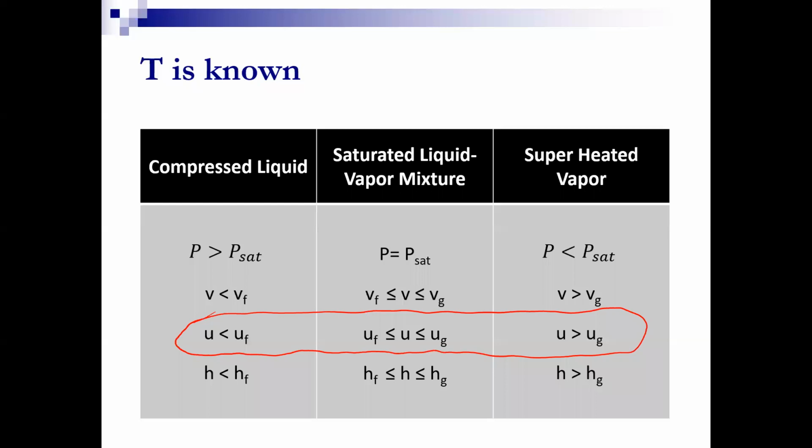If the given internal energy is between UF and UG that you have in the table, it means that you have a mixture. And if the given internal energy is larger than UG, then you have superheated vapor, and so on and so forth.